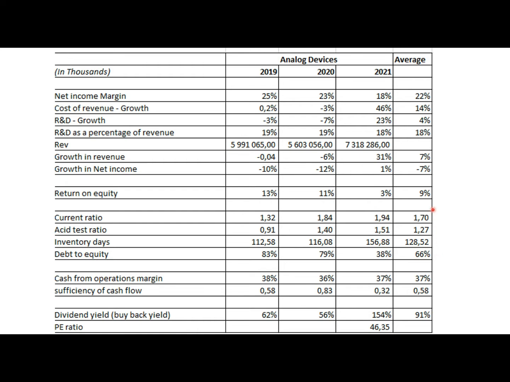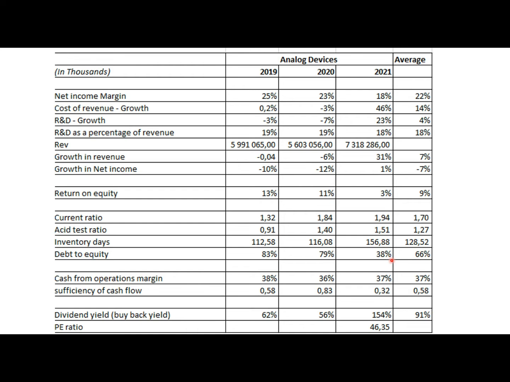And again, depending on the kind of investor you are, you can live with it or you cannot. I can, to a degree, live with it, considering your growing revenue, your margins aren't that bad, and you don't hold that much debt.